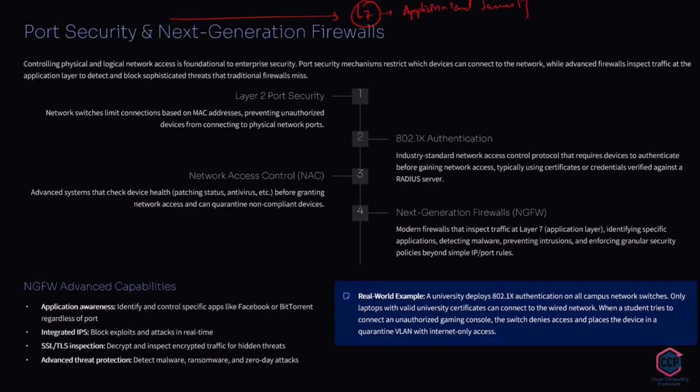And port security will protect our network devices. If port 21 is open, if port 22 is open, if port 80 is open to external, there should be only 443 for inbound.